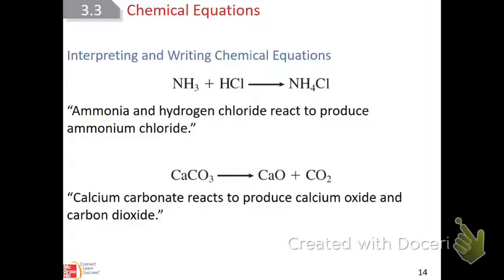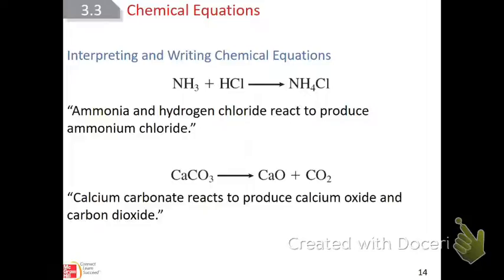Here's one example right here. Ammonia. I do not want you to get mixed up with ammonium. Ammonium is the only positively charged polyatomic ion. It is an ion. Ammonia is a common name for nitrogen trihydride.